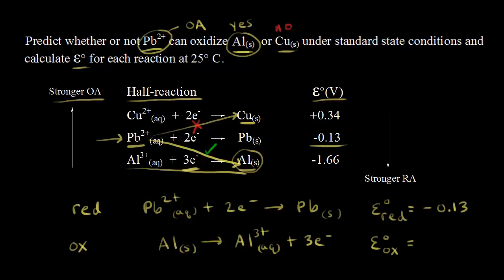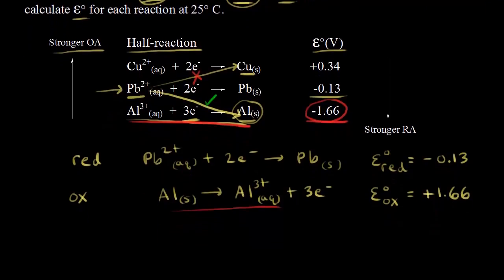And we've done this several times. When you reverse a reduction half reaction to turn it into an oxidation half reaction, you just change the sign on the standard reduction potential. So the standard reduction potential is negative 1.66 volts. All we have to do is change the sign. So it's positive 1.66 volts. So the standard oxidation potential is positive 1.66.